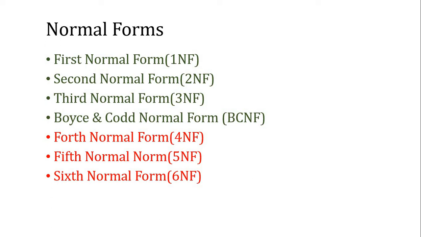But by our syllabus, we'll go for the first 4: first normal form, second normal form, third normal form, and Boyce-Codd normal form. In higher studies, at the graduate level, you will learn the 4th, 5th or 6th normal form.